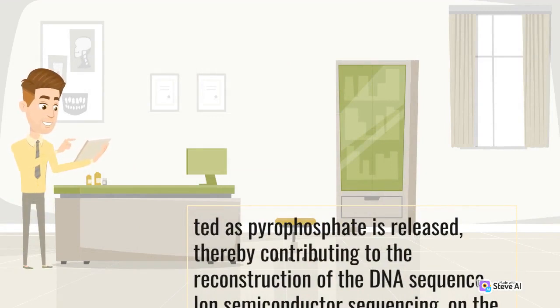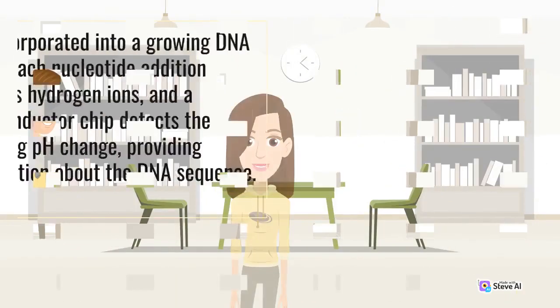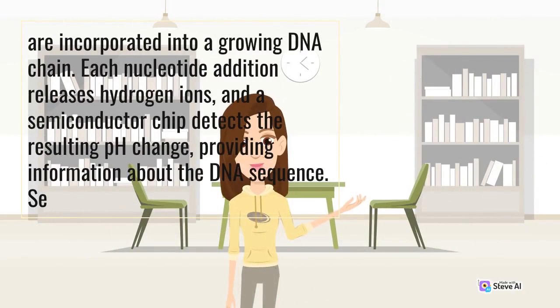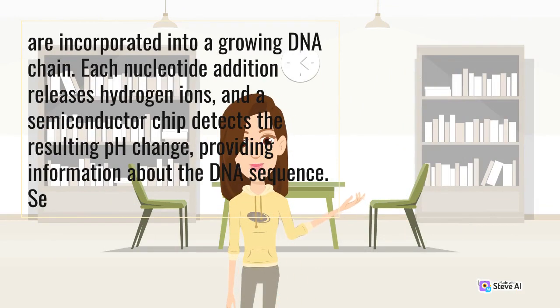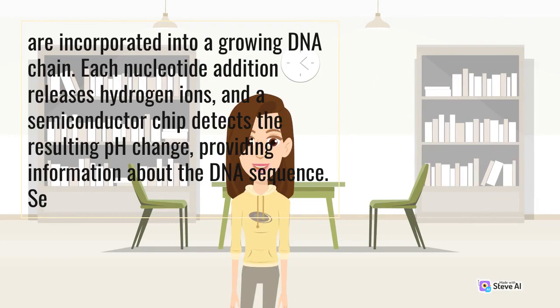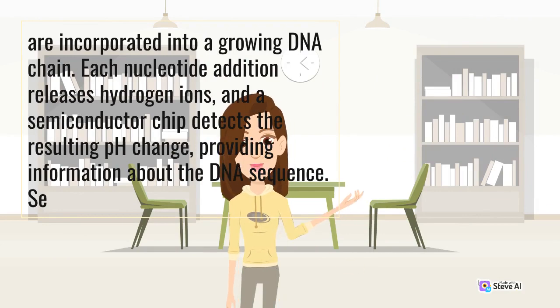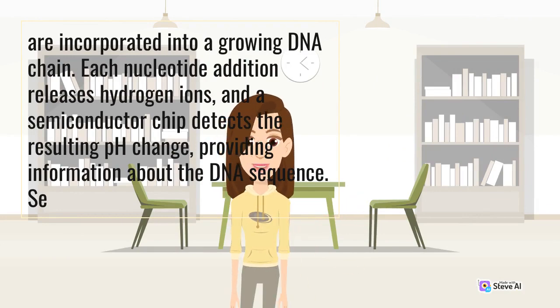Ion semiconductor sequencing, on the other hand, exploits the ionization that occurs when nucleotides are incorporated into a growing DNA chain. Each nucleotide addition releases hydrogen ions, and a semiconductor chip detects the resulting pH change, providing information about the DNA sequence.